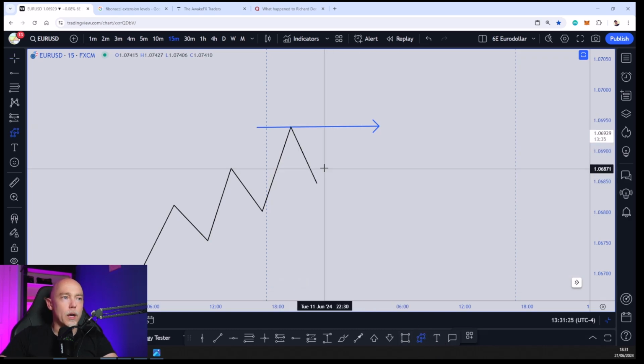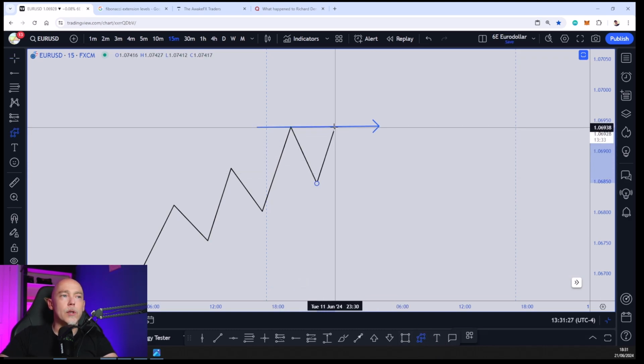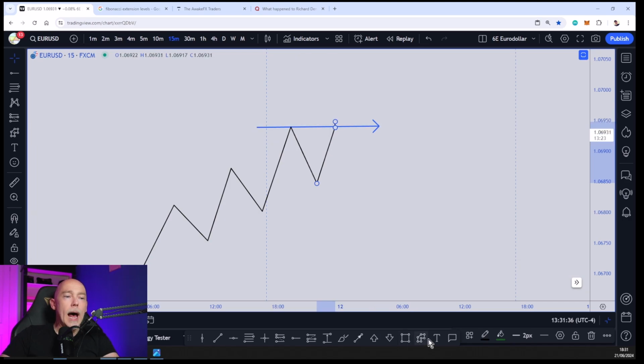So for example, when price gets up here to this level, Richard Dennis was teaching people to buy the breakout. So buy above this level here. And why would you do that? Because you're looking to go long for the expectation of price to continue higher.